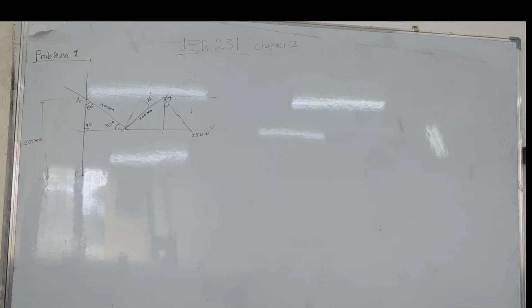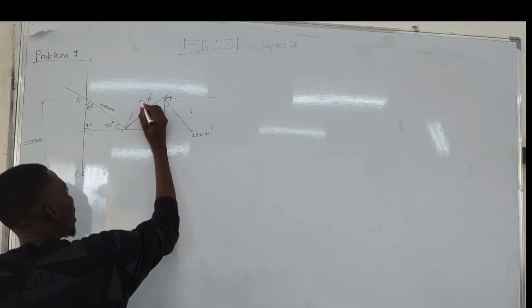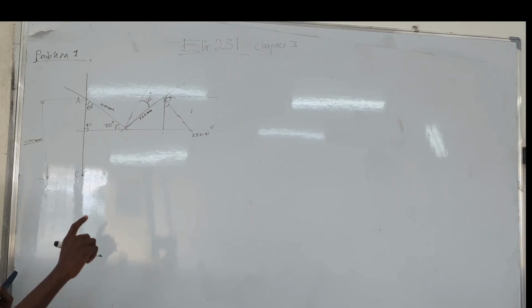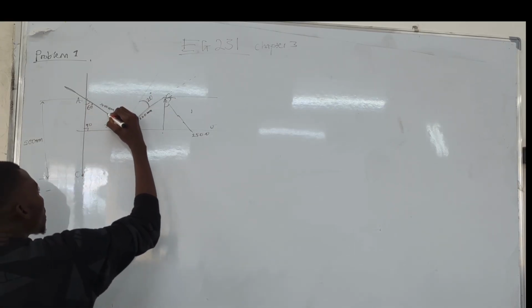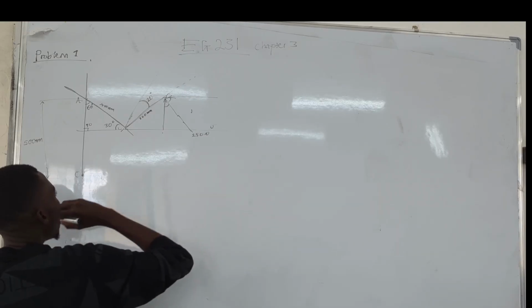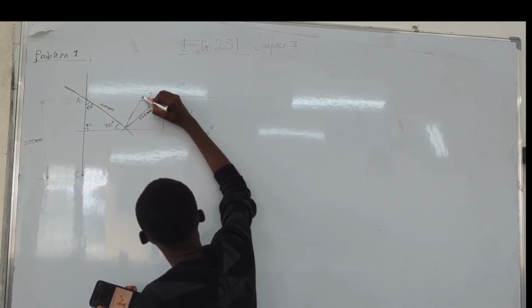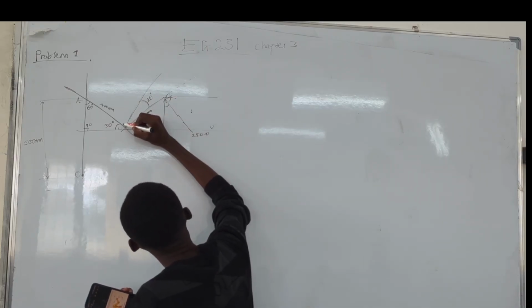Apart from that, we also have 20 degrees there. There is a line passing through B, and there is also a line going in this direction, making a perpendicular.